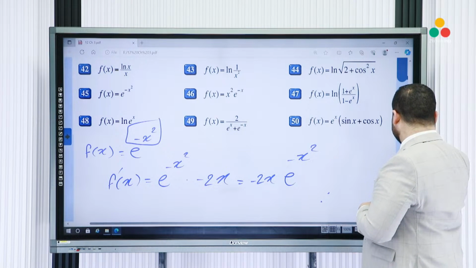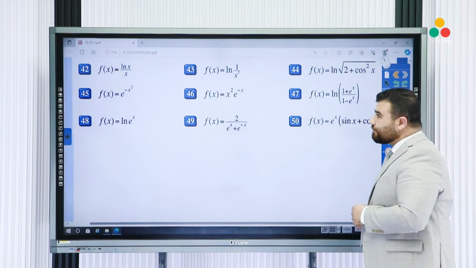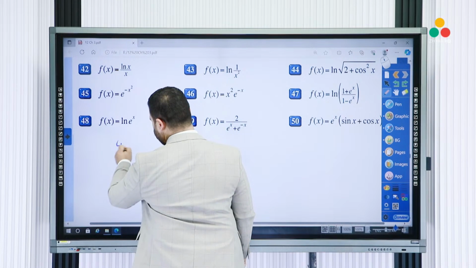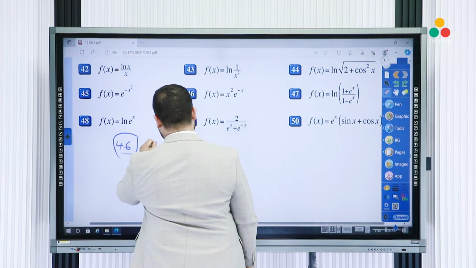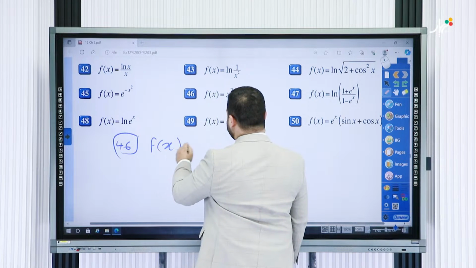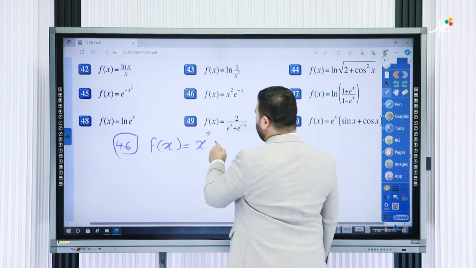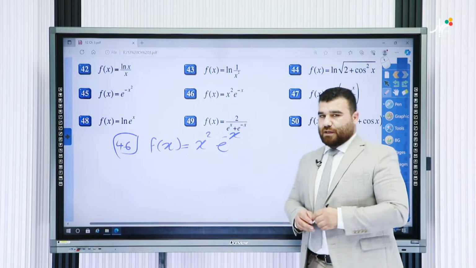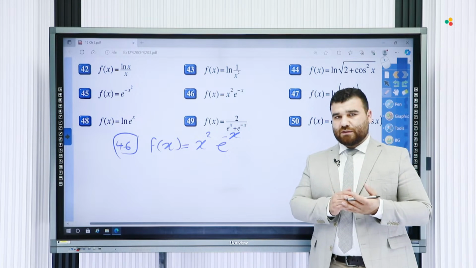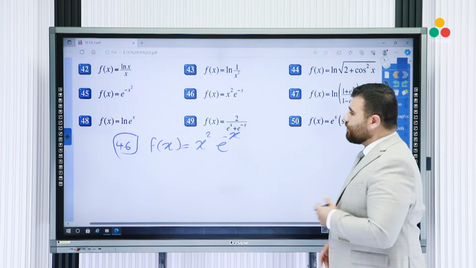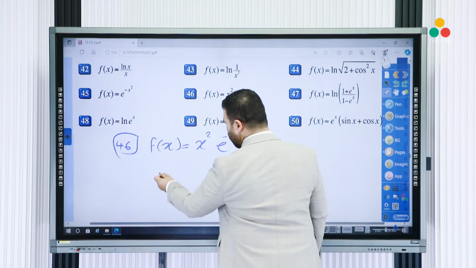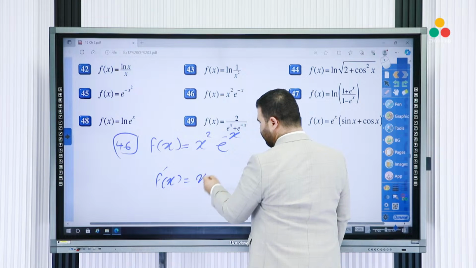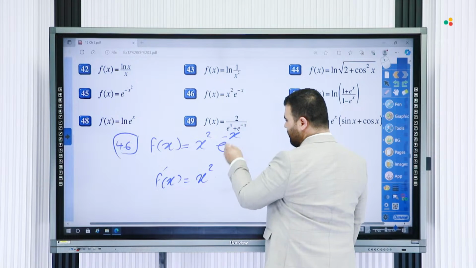Question 46. f(x) is equal to x squared e to the negative x. Okay, as we cannot multiply them to be one term, we need to use the product rule. Product rule is like this: f prime of x equals first times derivative of second.